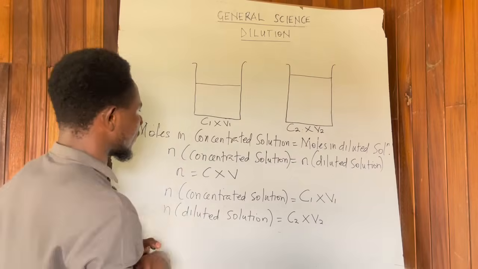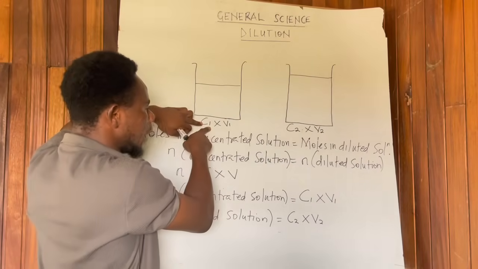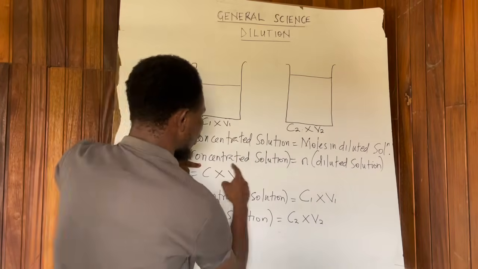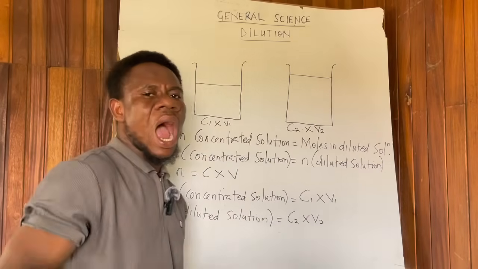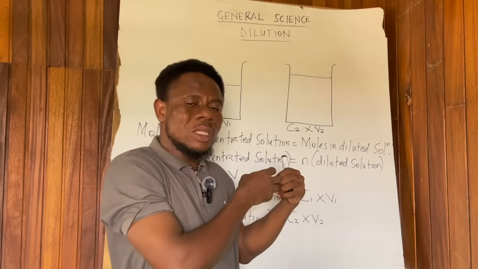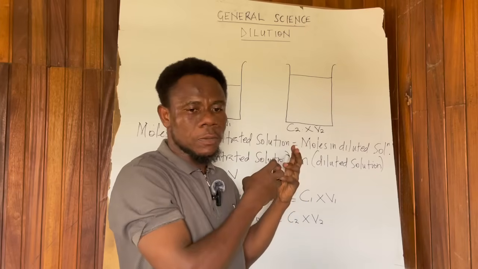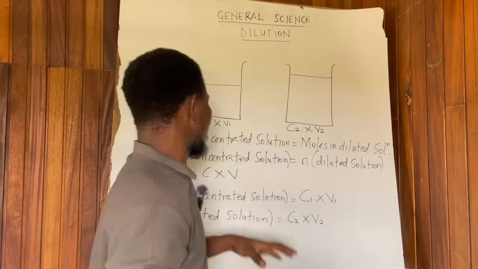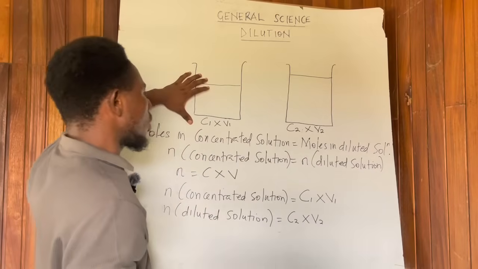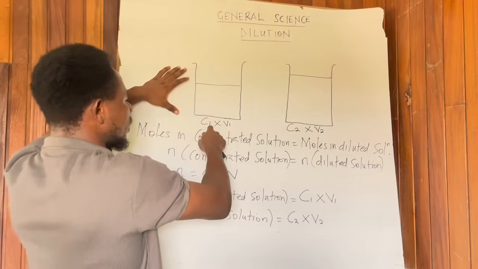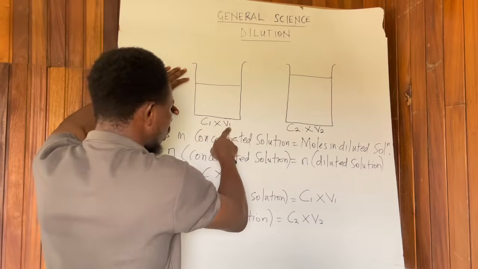Now this means our concentration 1 times our volume 1 is our old solution, which is our concentrated solution or our stock solution. So this stock solution, which is our palm nut soup, had a concentration and a volume.